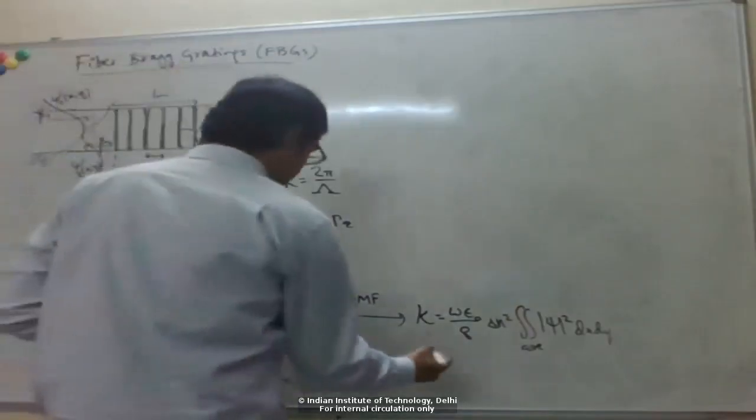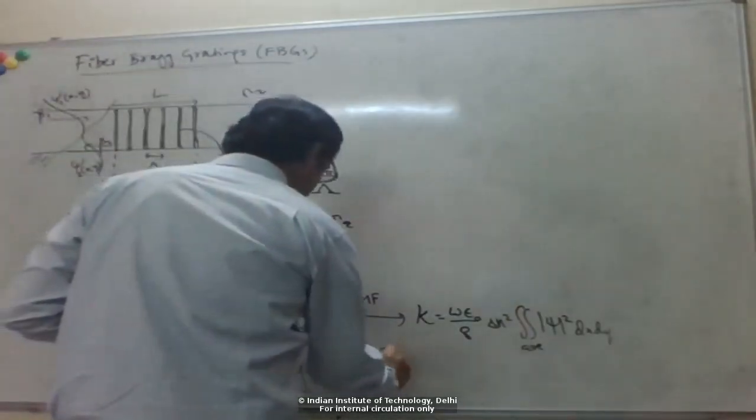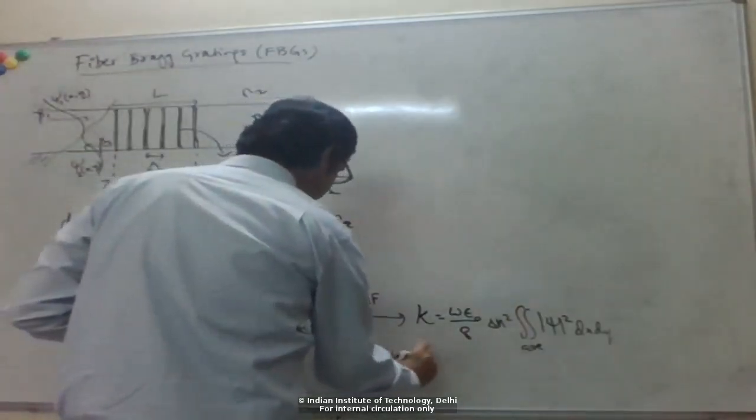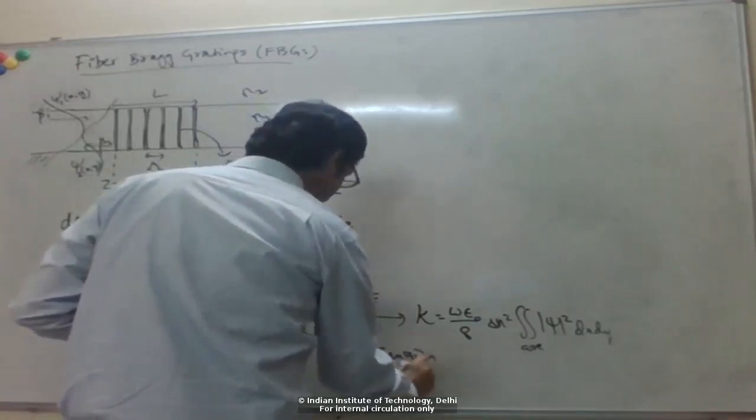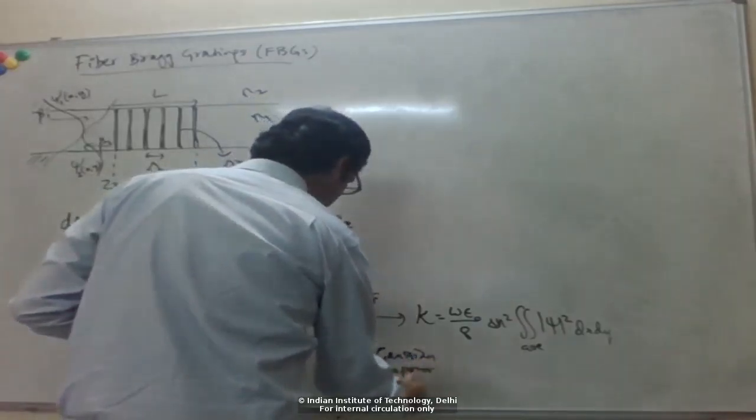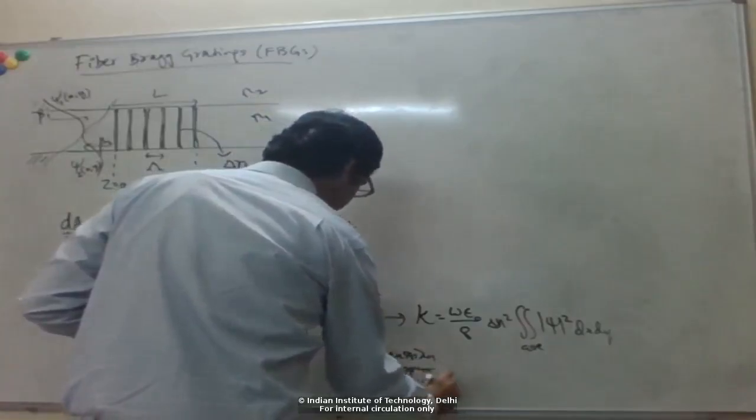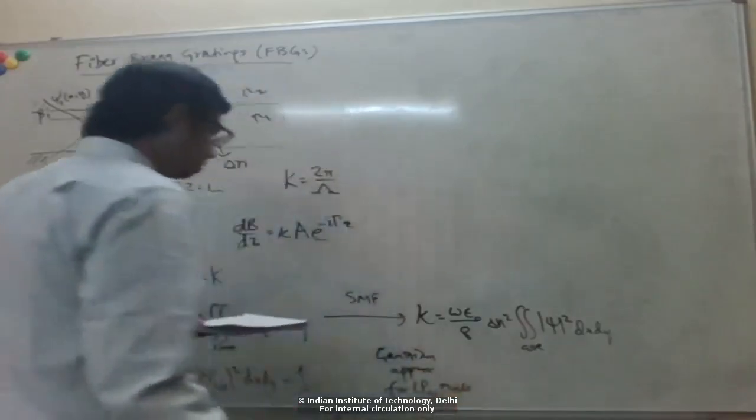So again, recall that we could use a Gaussian approximation for the LP01 mode in a step index fiber.